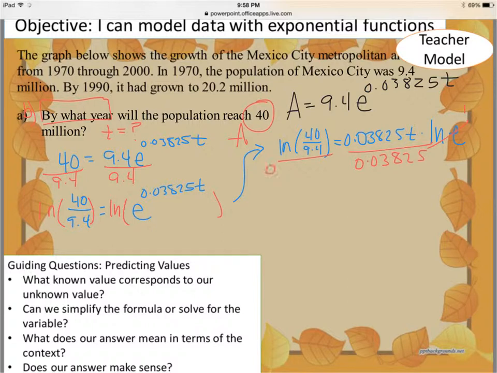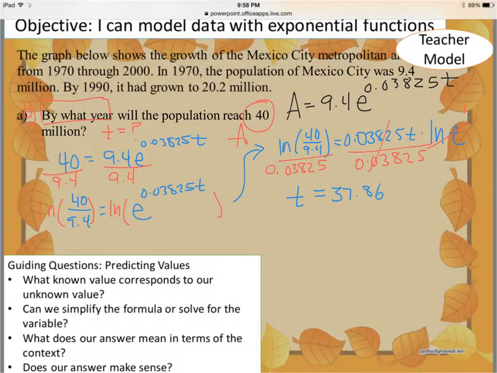And the reason why I'm doing that is because we are trying to isolate the t. So that is the number that's multiplying t right now. So that means after that cancels, we are going to get our answer. Time is 37.886.